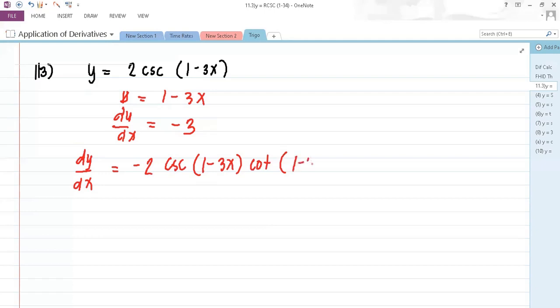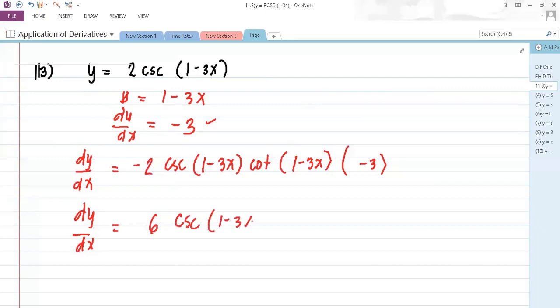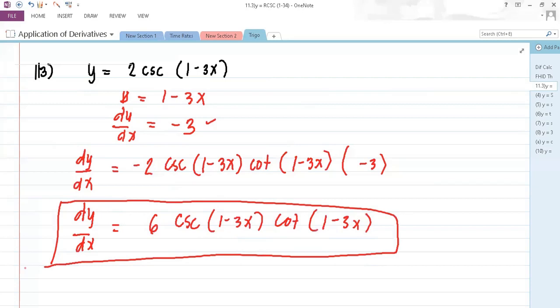Okay, so 1 minus 3x, that is the u, multiplied by the derivative of u with respect to x, that is negative 3. Okay, so simplifying now our value here, this is equal to negative 2 times negative 3, that is 6. Okay, cosecant of 1 minus 3x, cotangent of 1 minus 3x. So this will be now our answer for this particular problem.